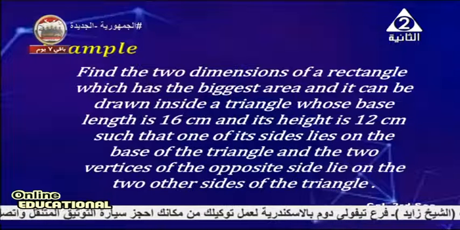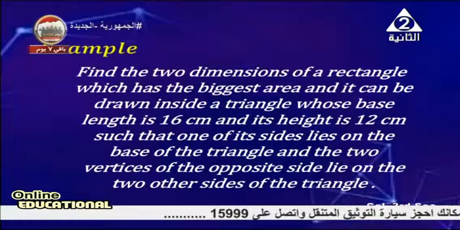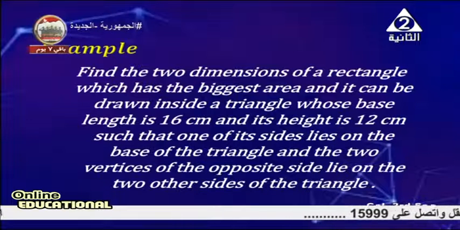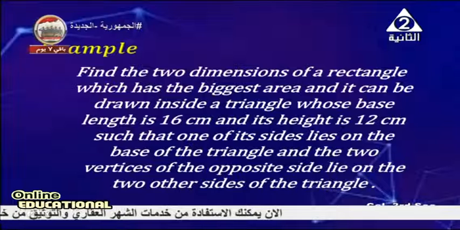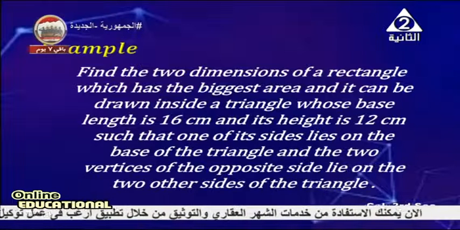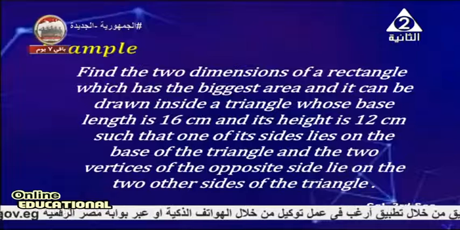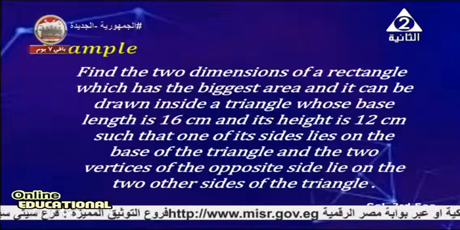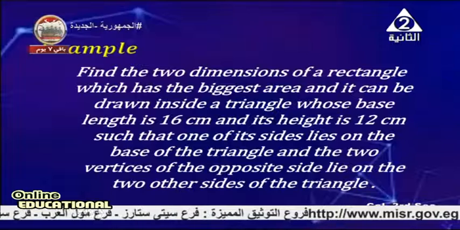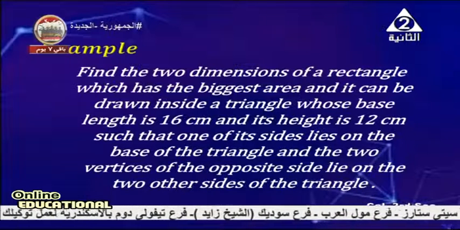Now we draw a rectangle inside a triangle such that one base or one dimension of the rectangle lies on the base of the triangle and the two vertices of the other base lie on the two sides of the triangle, and the base length of the triangle is 16 centimeters and its height is 12 centimeters.